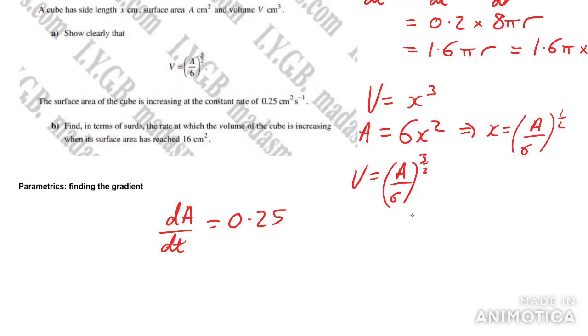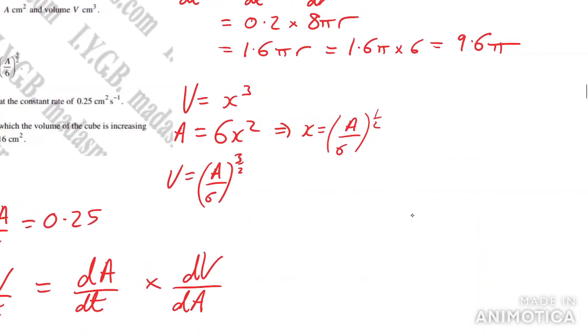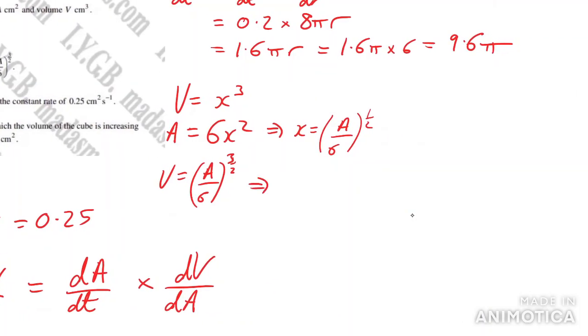Find in terms of surds the rate at which the volume of the cube is increasing. Okay, dV/dt is the question. We have dA/dt, so we know we're going to use that. And how do we tidy this up? Well, we need a dV on the top, and we need an A on the bottom to cancel out. So all we need to do is find dV/dA, which we've already got V in terms of A from here.